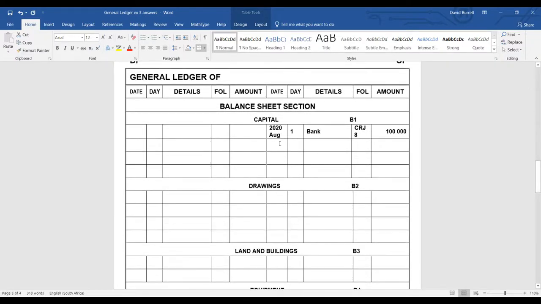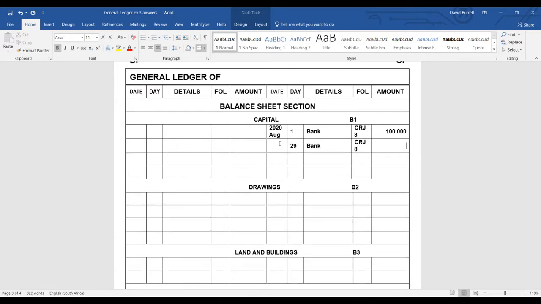Okay, so we don't need to write 2020 August again. We could, but we don't need to. This transaction was on the 29th. So if it comes from the sundry, you put the actual date. Okay, it was bank, that's where the matching debit is. It came from CRJ8, and it was an amount of 10,500 Rand. Okay, so we've got that in.